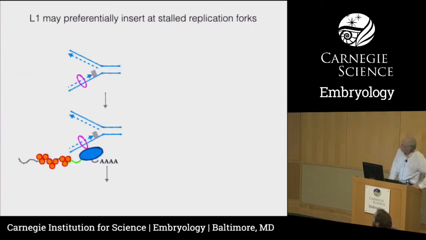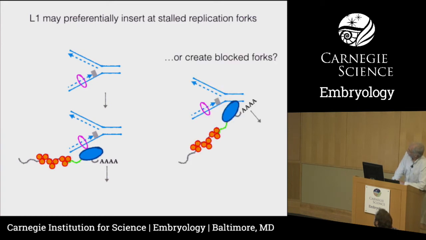So what might this mean? Well, it might mean that the LINE sequences are somehow identifying these stalled replication forks and preferentially inserting there. Or I think an equally attractive hypothesis is that they insert, and actually the active insertion creates a blocked fork.